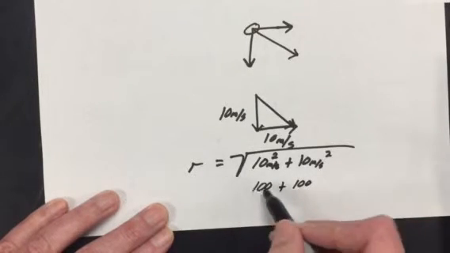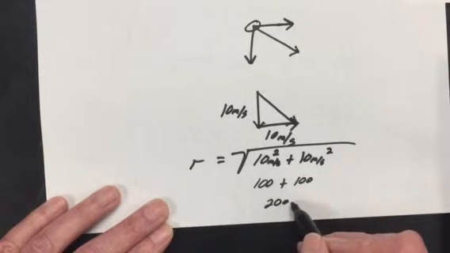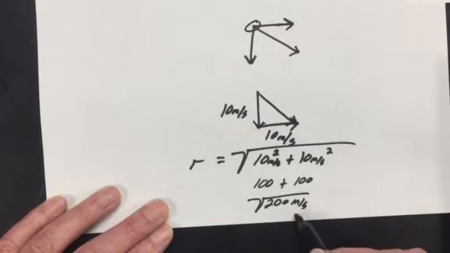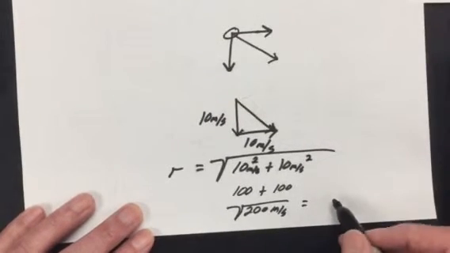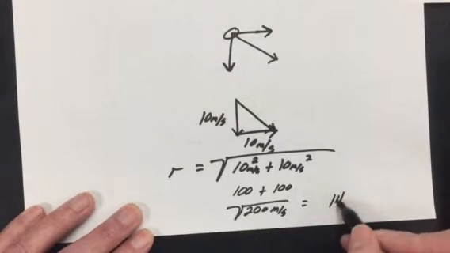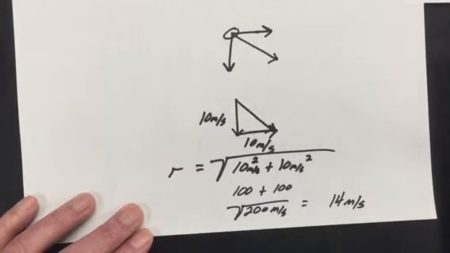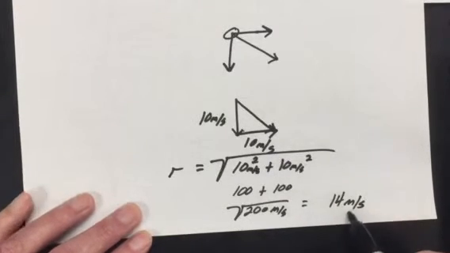And so that's 200. And that's going to be meters per second. And then we're going to take the square root of 200 meters per second. And that's going to come out to be approximately 14 meters per second. I think it's probably 14 point something or another. You can do it in your calculator to see what it actually comes out to be, but I think the practice question actually just says, approximately what is it, and it would be 14 meters per second.